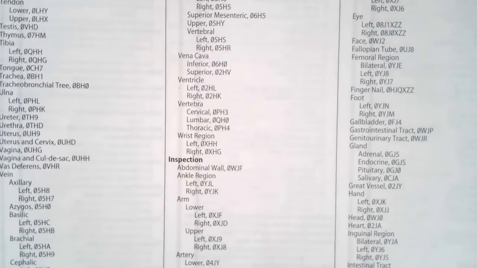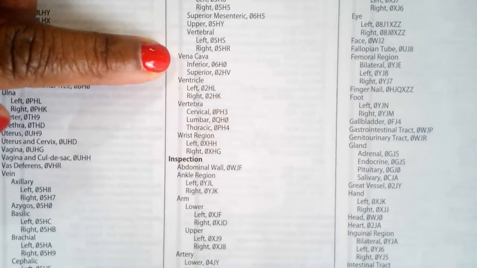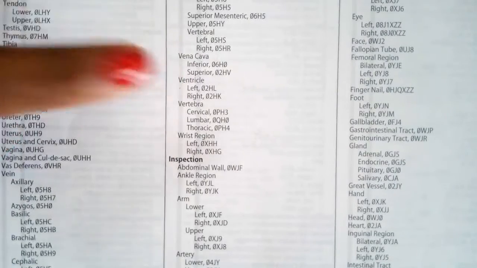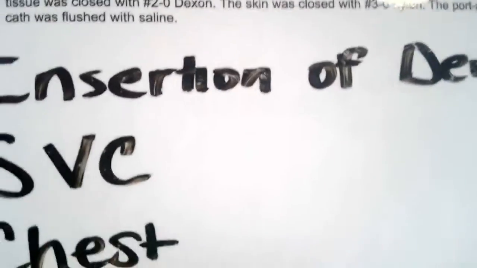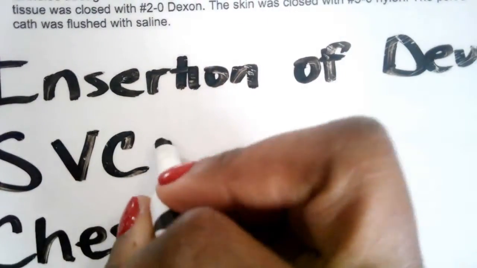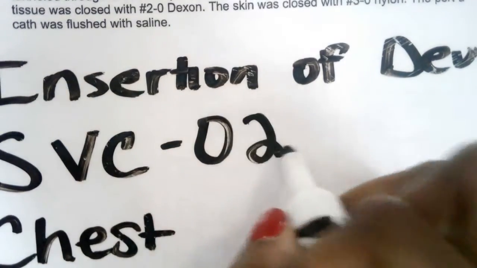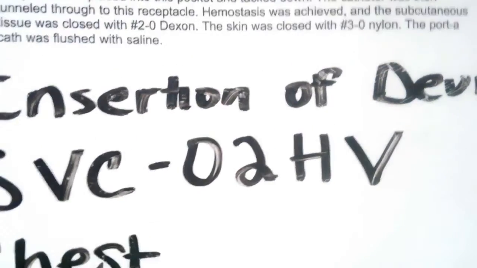Well, guys, what you have to do is actually go over to the letter V, and you're going to go to vena cava, and then superior gives you table 0 2 H. Now remember, that fourth character is the body part of V. So just so we don't forget, let's go ahead and write that down. So that's table 0 2 H, V.